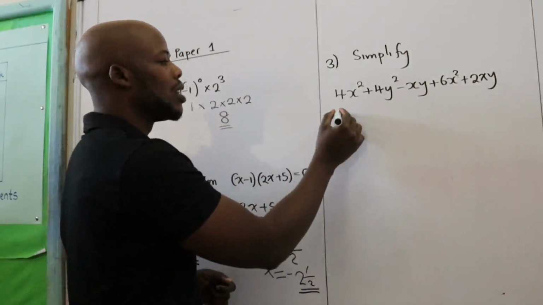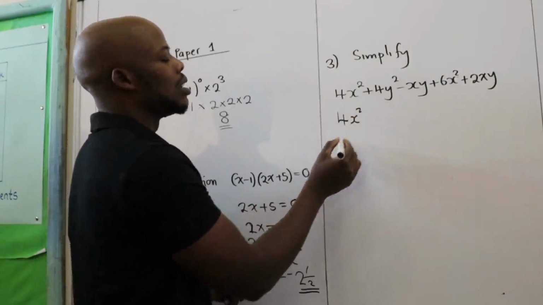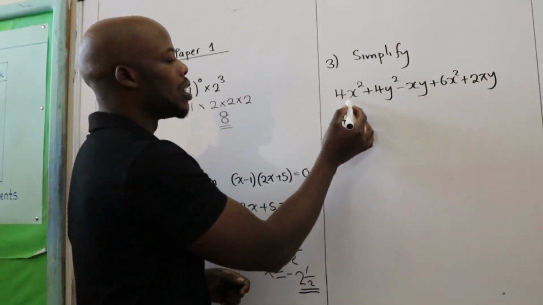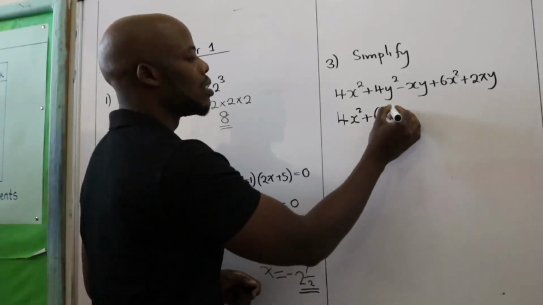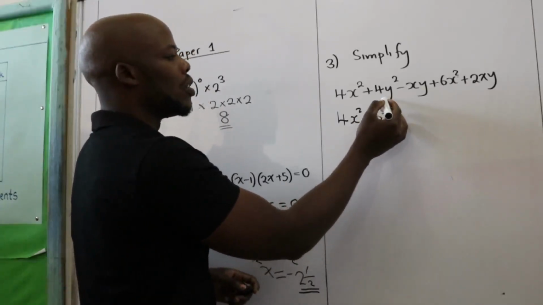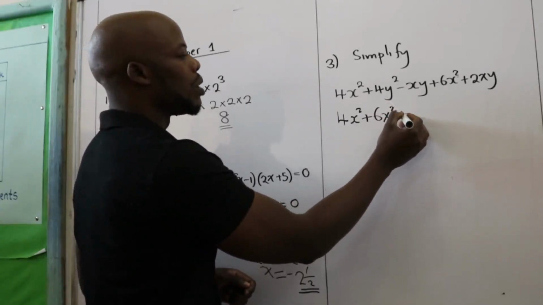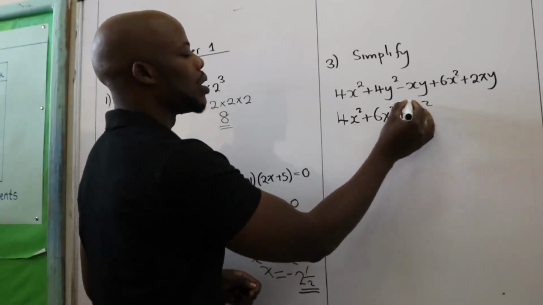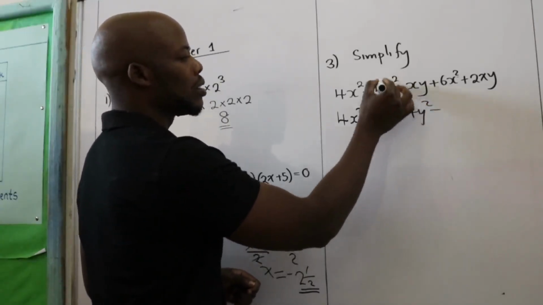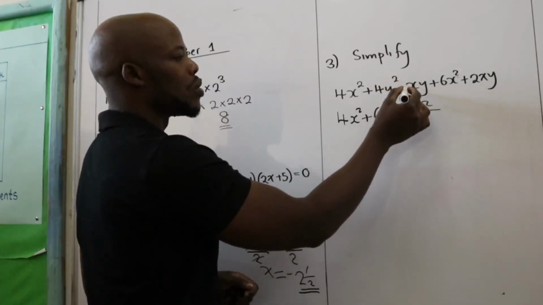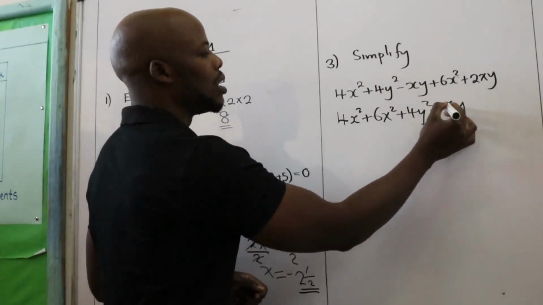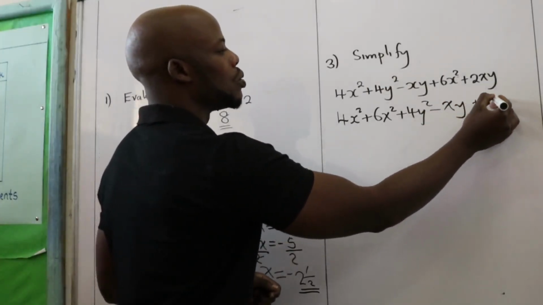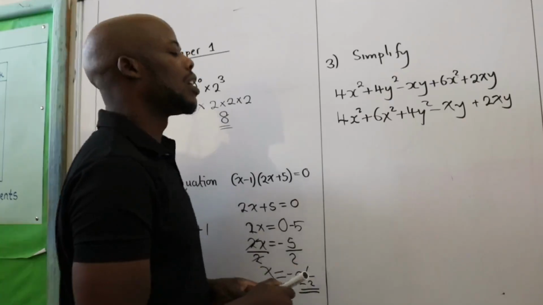Like this, we have 4x squared, and the other x squared is plus 6x squared. Then the 4y squared is just alone here; there is nothing else with y squared. Then followed by xy plus 2xy, like this.